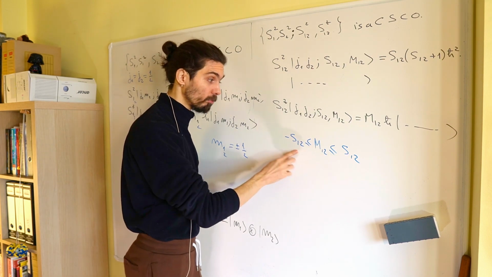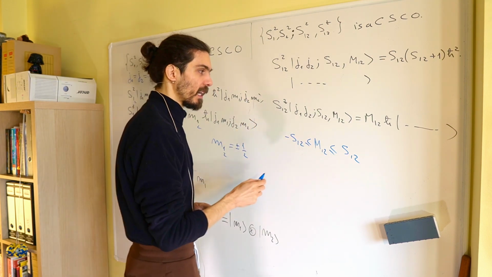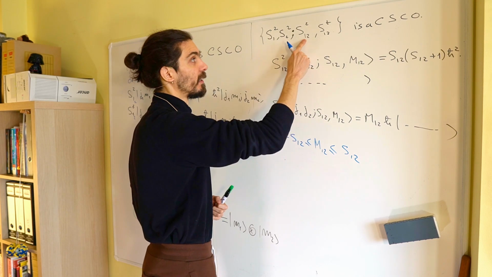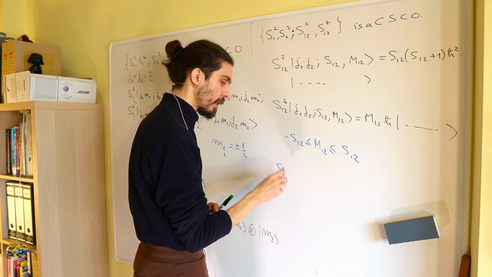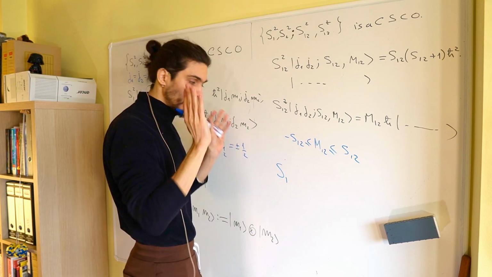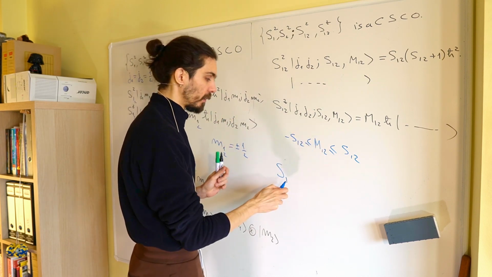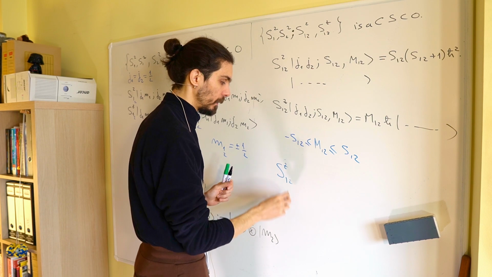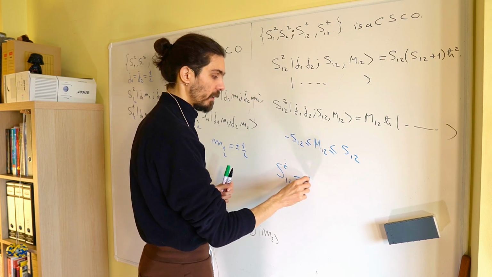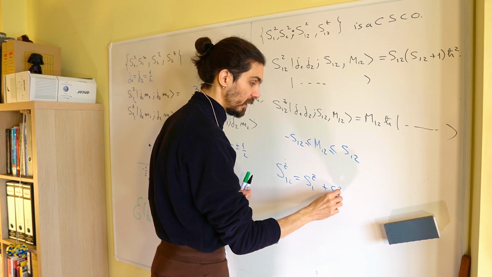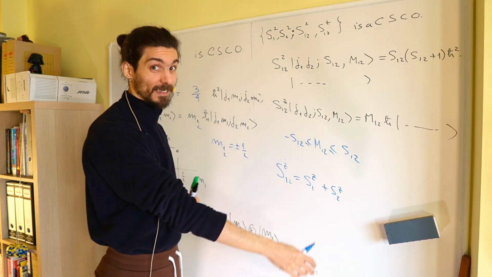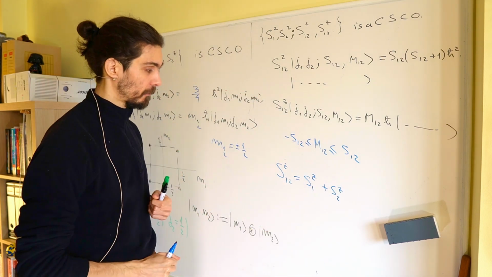We know, for example, that S12Z, and this is now a key tool to unlock these numbers, is S1Z plus S2Z, understood as extensions into the tensor product.